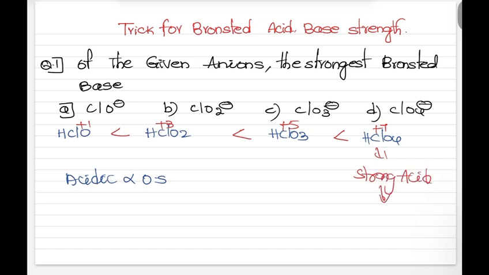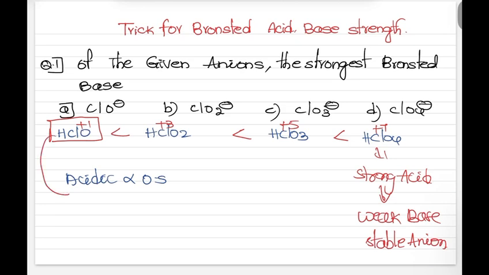A strong acid, when you remove the H plus, forms a weak base, which means it will not dissociate further and will form a stable anion. But the question asks for the strongest base, meaning the lower oxidation number at the chlorine center, which forms the weak acid.